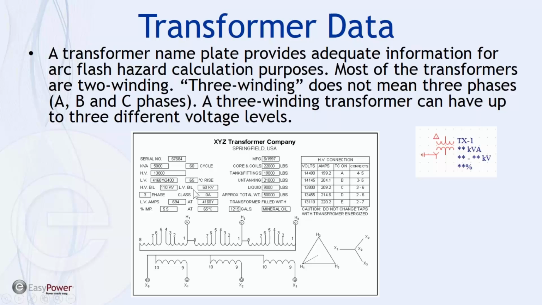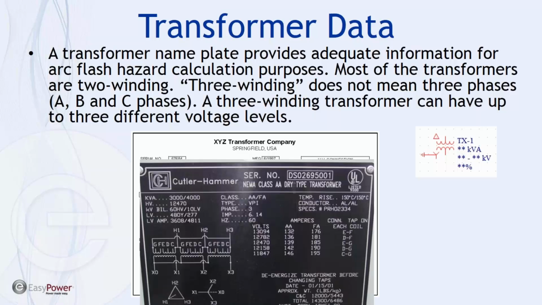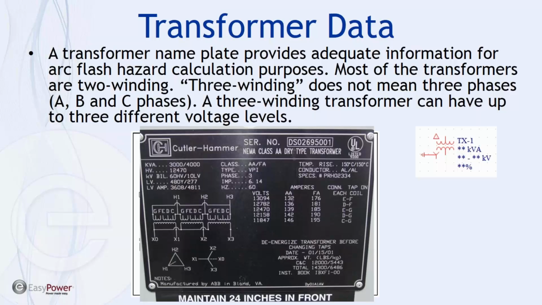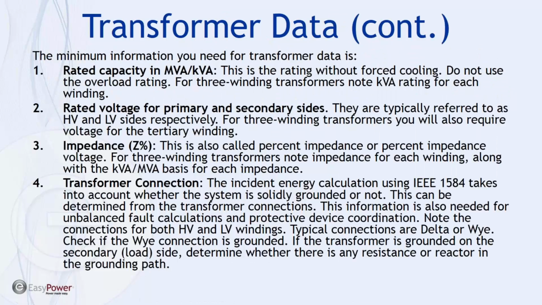The impedance ratio is important because it's a heavy contributor in the X over R ratio of the whole system. Virtually all this information is on the nameplate. Taking a very readable picture of the nameplate is highly desirable.